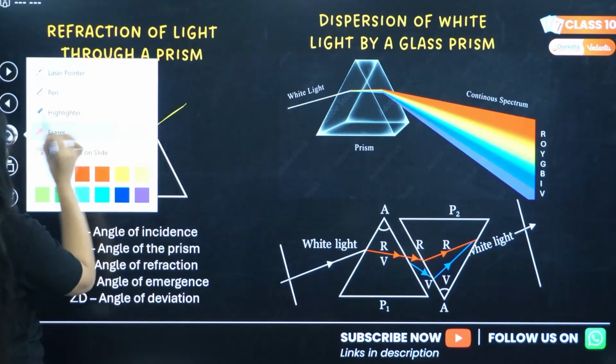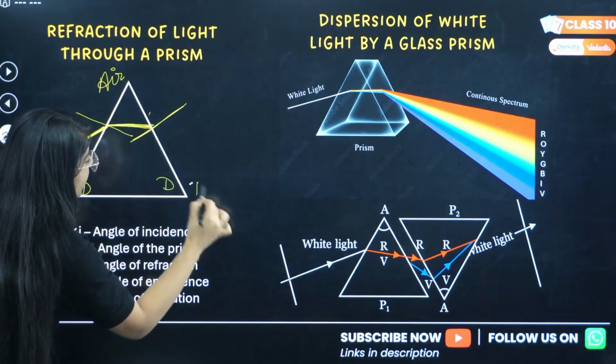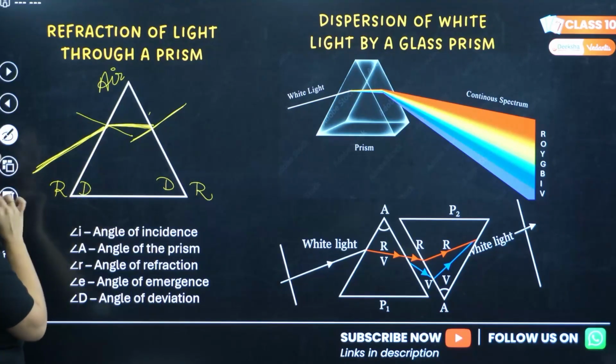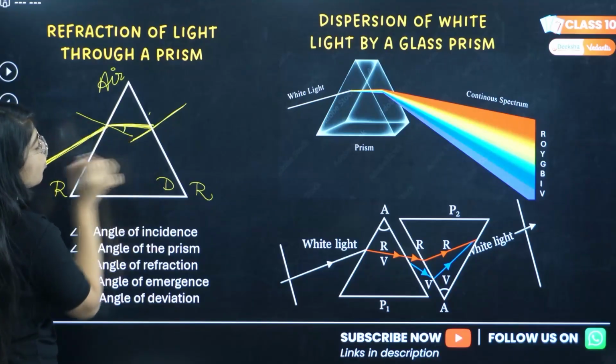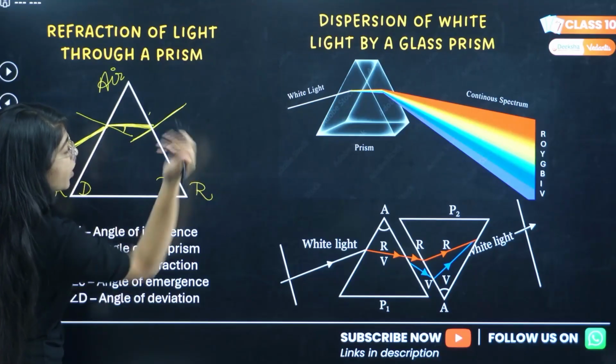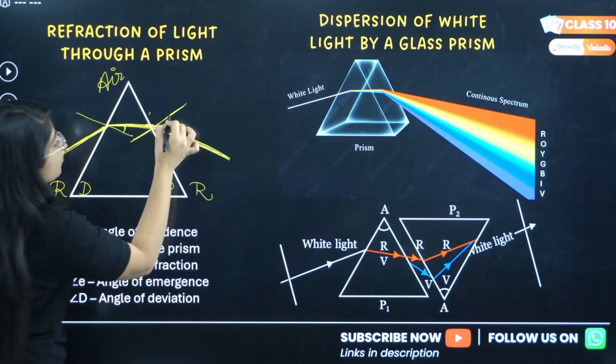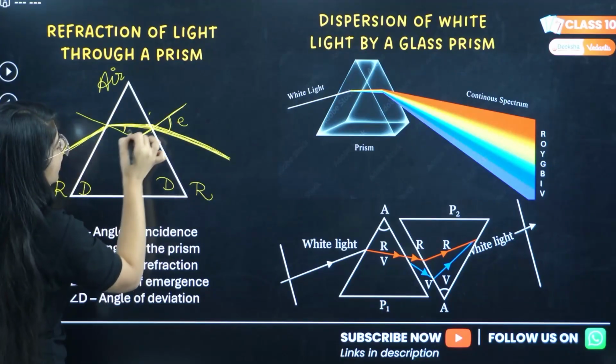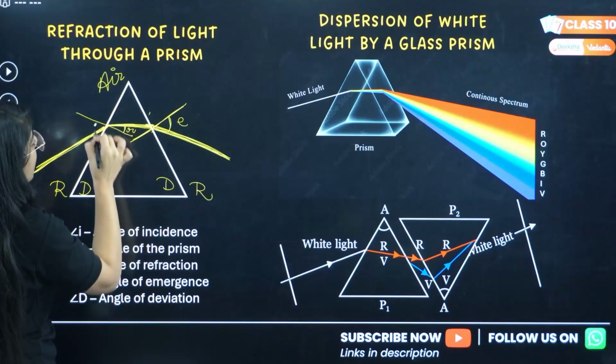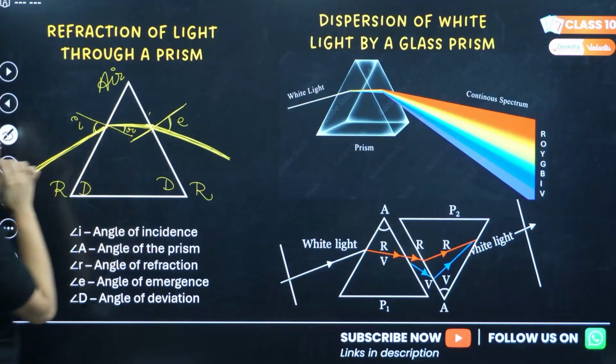This is wrong. It is going from denser to rarer, right? Here it was going from rarer to denser, so it bent towards the normal. Here it is going denser to rarer, so it will bend away from the normal. So this will be the emergent angle, this is the refracted angle, and this is my incident angle.